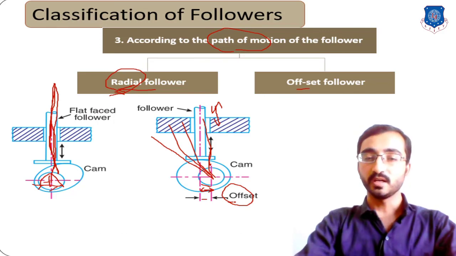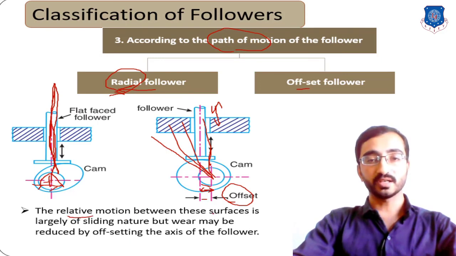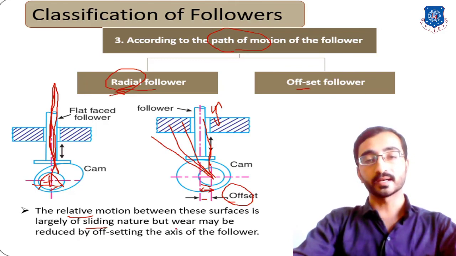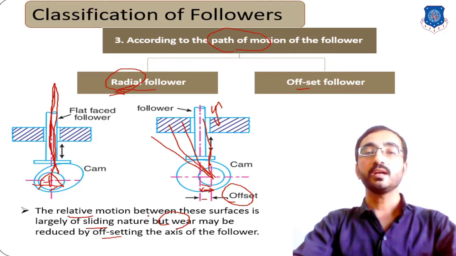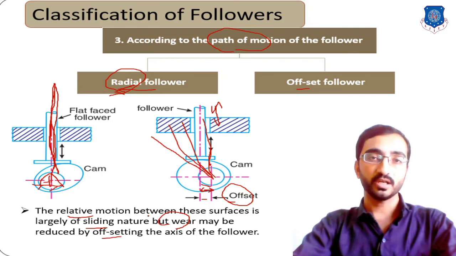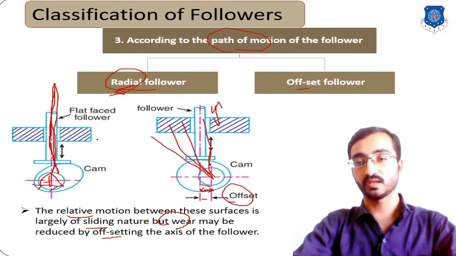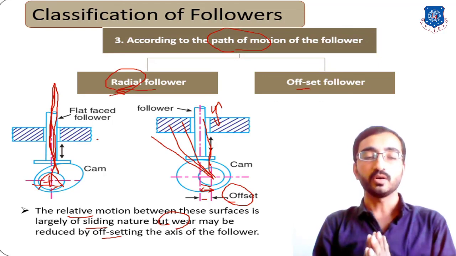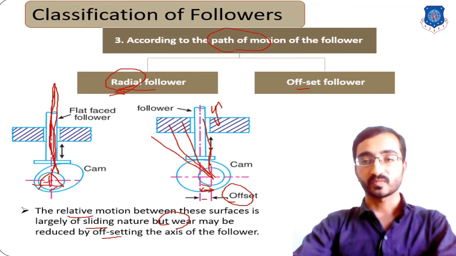Offset follower gives the advantage that, in relative motion, the surface is largely of sliding nature in the first case, but if you want to reduce the wear, you can use this offset setting, and your wear will be reduced to a certain extent. So that is the third classification of follower, according to the path of motion. In such a way the classification of follower is according to three types. In the next session we will learn the classification of the cam. Okay, thank you.